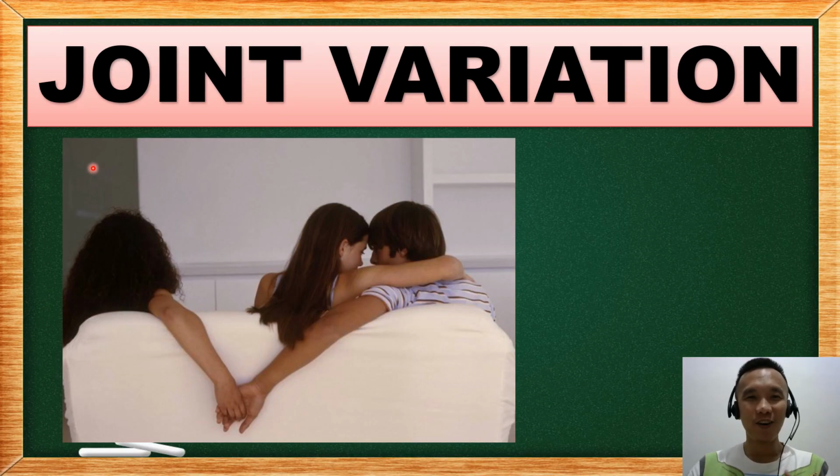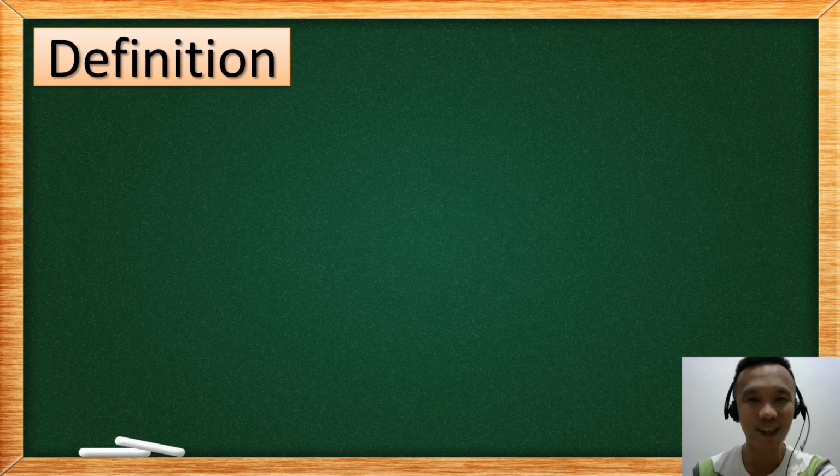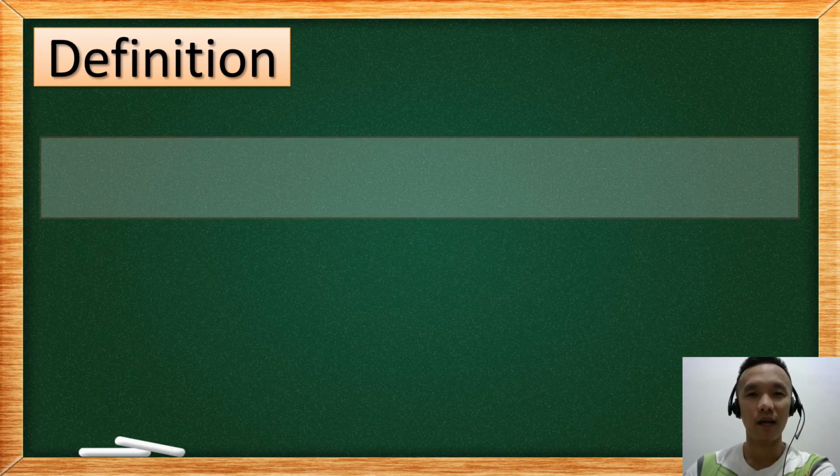So now we are going to discuss joint variation. And as you can see here, I have a picture of a guy with two girls. So I will relate this picture to our lesson for joint variation. Let us first define what the word means.